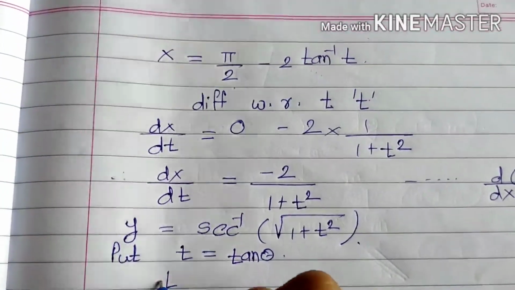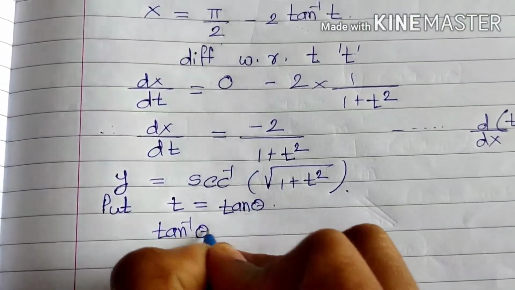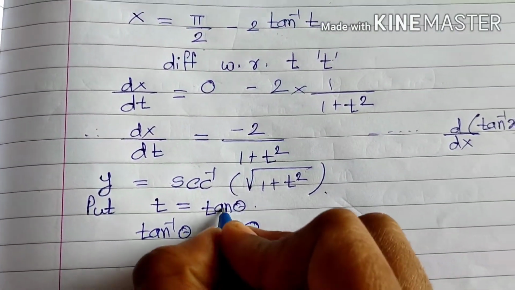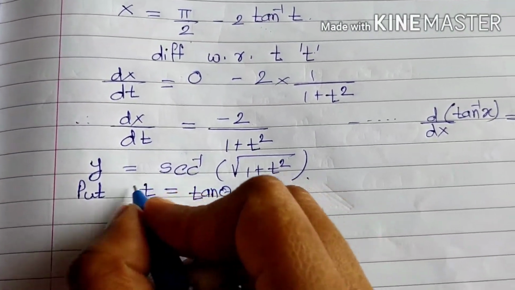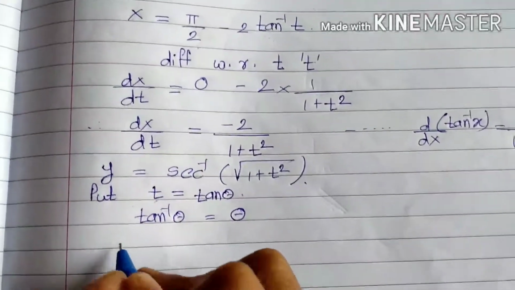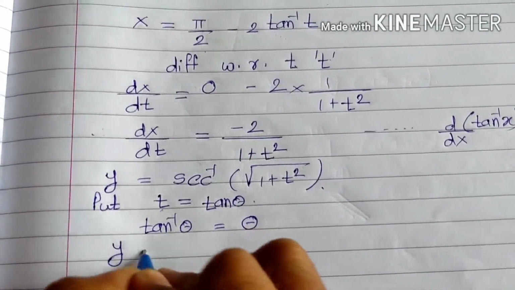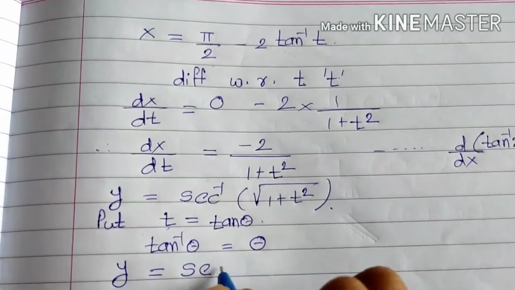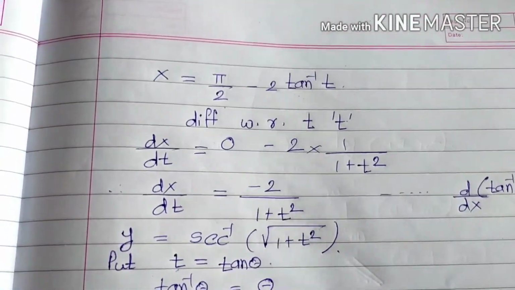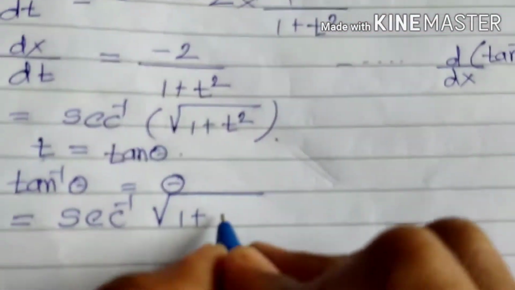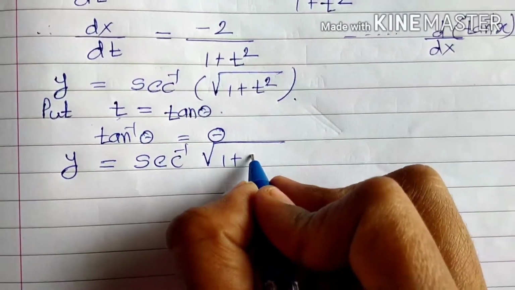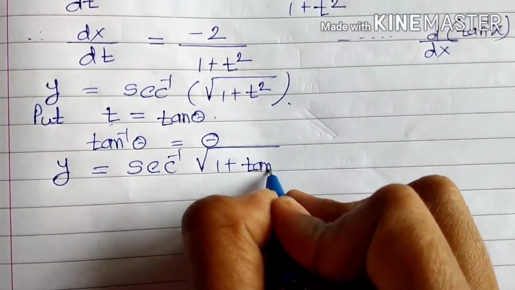Then tan inverse t is equal to theta, because tan goes here, so it will become inverse. Now put the value of t, sec inverse under root of 1 plus tan square theta.